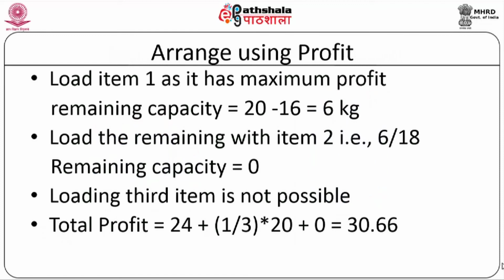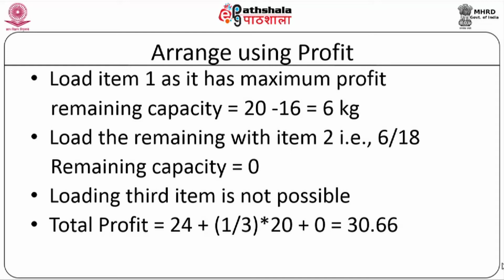Suppose, let us say, if I go according to the profit, you can see that item 1 is having the maximum profit. So, I am just loading the knapsack with item 1.